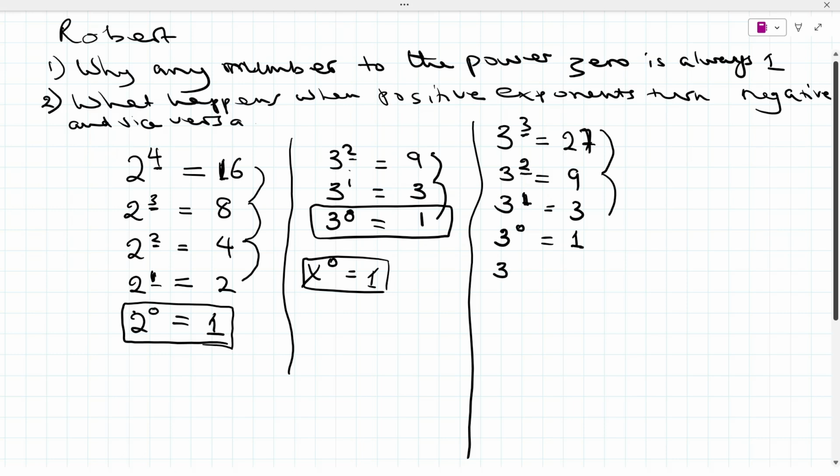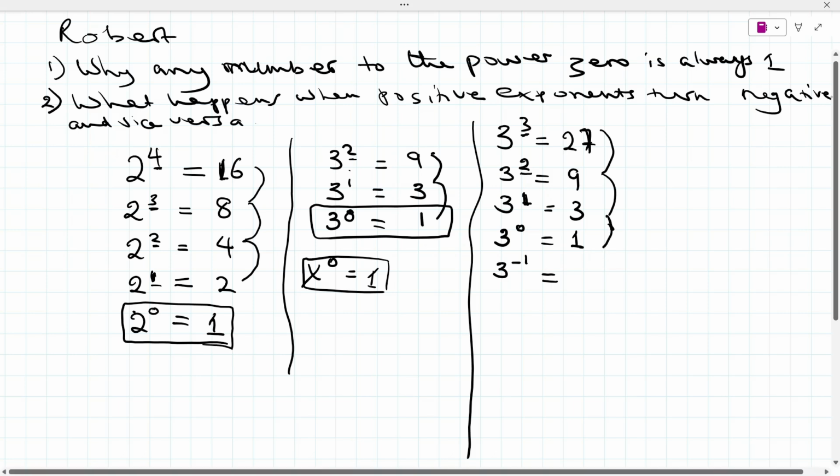If we reduce the exponent by 1, we would end up having 3 to the power negative 1. Following the same format, divide by 3, divide by 3, and here we would also divide by 3. Therefore the answer here will be 1 divided by 3.